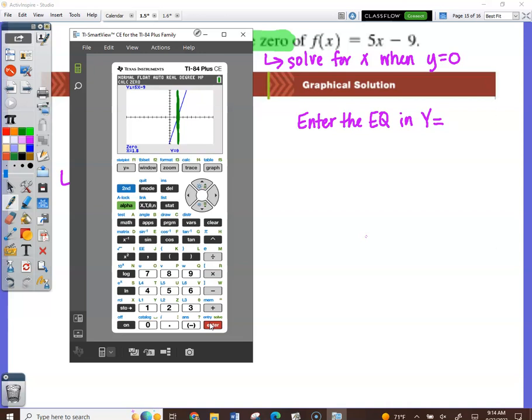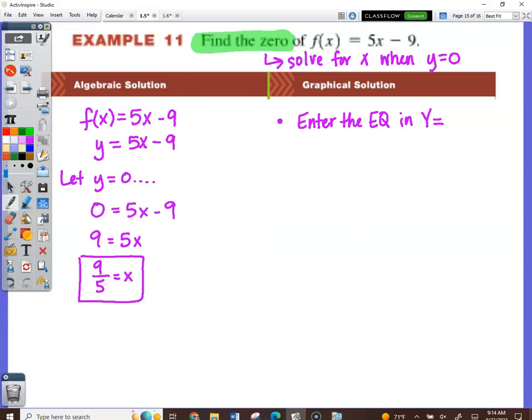Now, let's write it down. So, enter in y equals, then you're going to zoom 6, which is standard. Then it's second calc. And you're selecting the one that says 0.